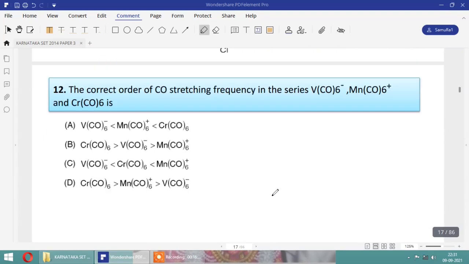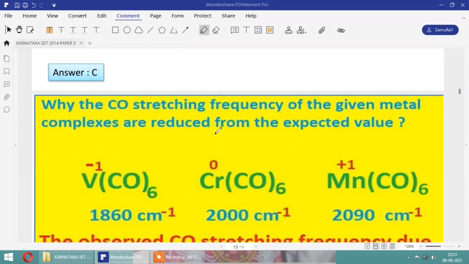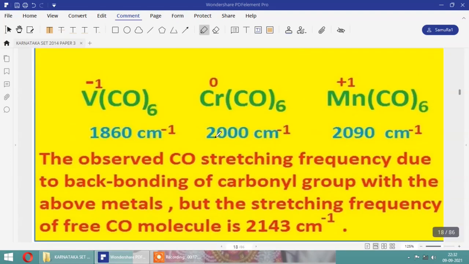And the 12th question: the correct order of CO stretching frequency in the series, that is V(CO)6 minus, Mn(CO)6 plus, and Cr(CO)6. Here you see why the carbonyl stretching frequencies of the given metal complexes are reduced. Here V(CO)6 is 1860 cm^-1, Cr(CO)6 is 2000 cm^-1, and Mn(CO)6 is 2090 cm^-1.